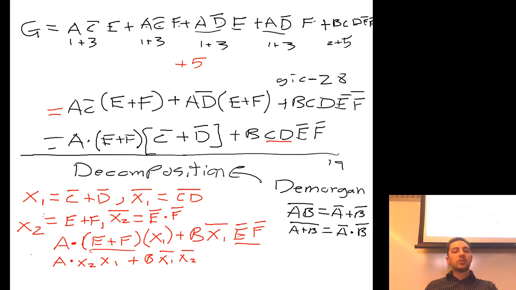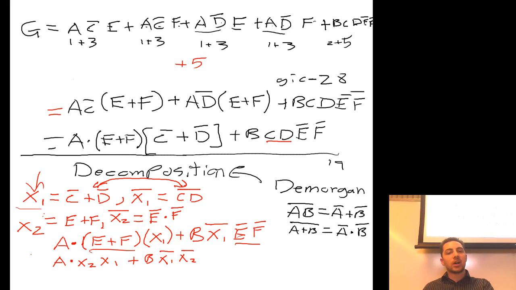Our decomposition was chosen in haste. If I had instead chosen x1 to be CD bar, I could have still used the same decomposition, but I would have changed ever so slightly how I built this. The reason I wanted to swap these, I should have used them in opposite terms, is whatever function you're decomposing, you want that to have the minimum gate input cost.